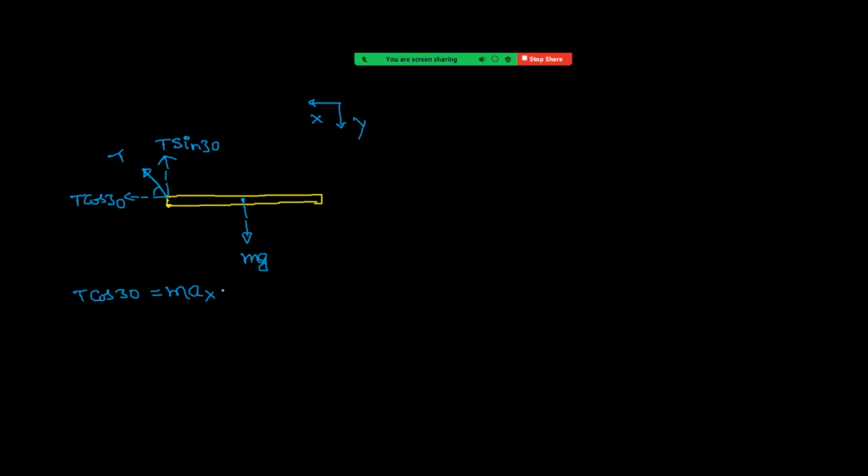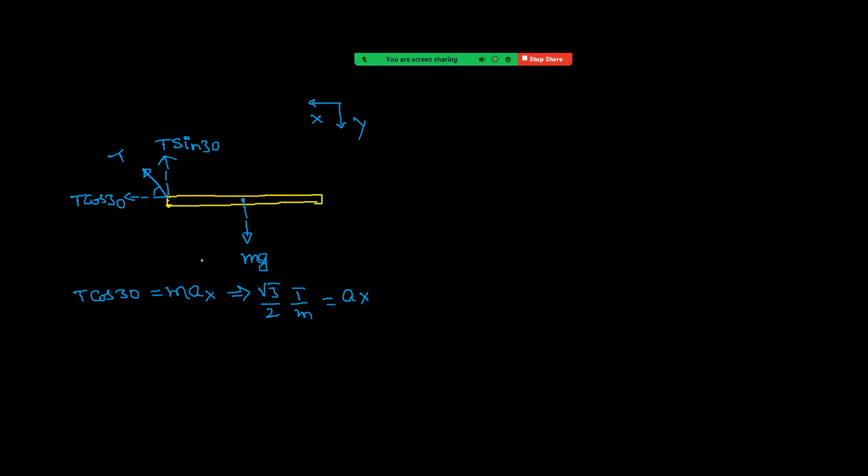From this, we are going to get the value of ax in terms of tension, which we have to calculate. It is root 3 by 2 into T by m, that is the x component of acceleration of center of mass.